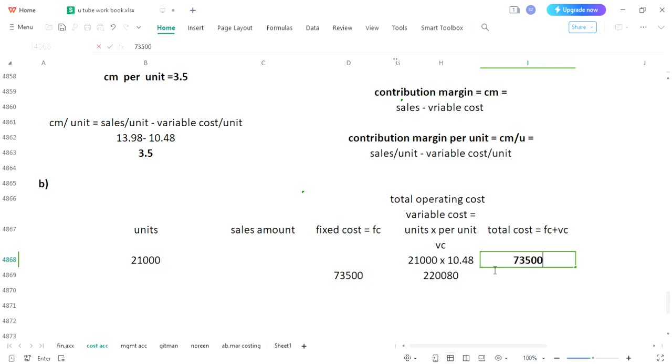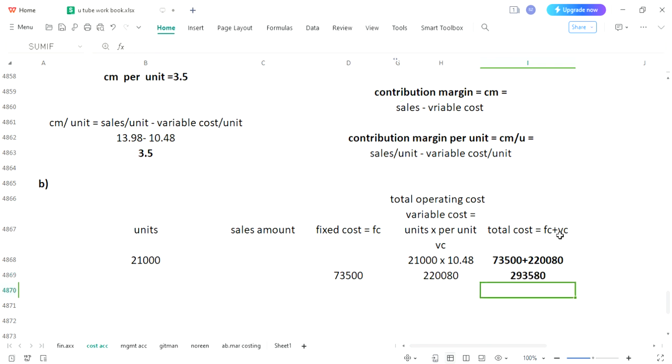Look over here, this was your fixed cost, and you need to add 220,080, which is your variable cost. Statement has been completed, and now we can put it on our calculator. Both amounts would be added to get our total cost.